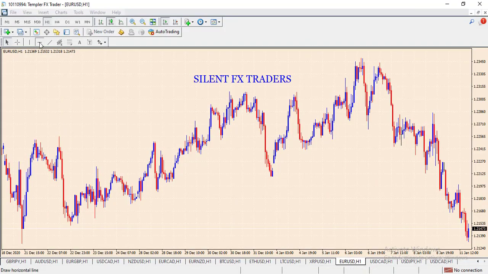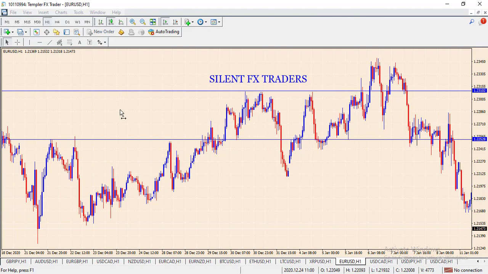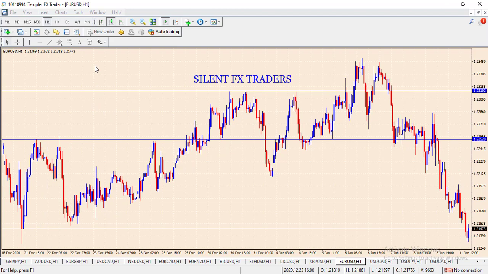If you go to our charts, I will start by drawing our support level and resistance level. Looking at our support level, this is when sellers are exhausted in the market and being put under pressure by the buyers.